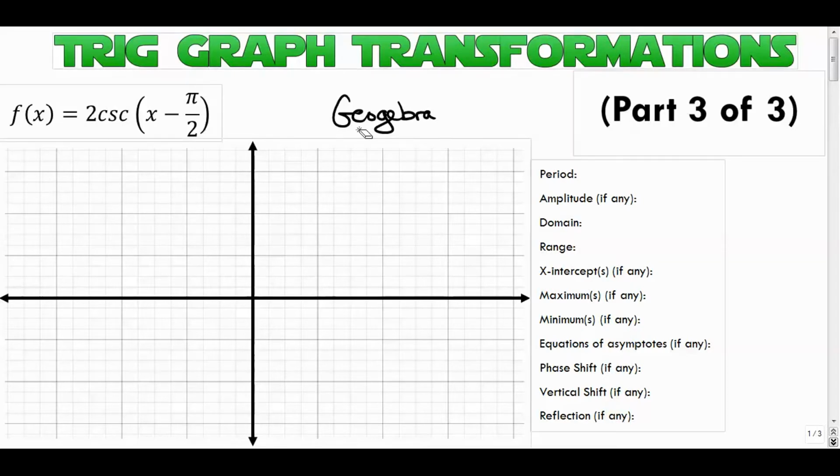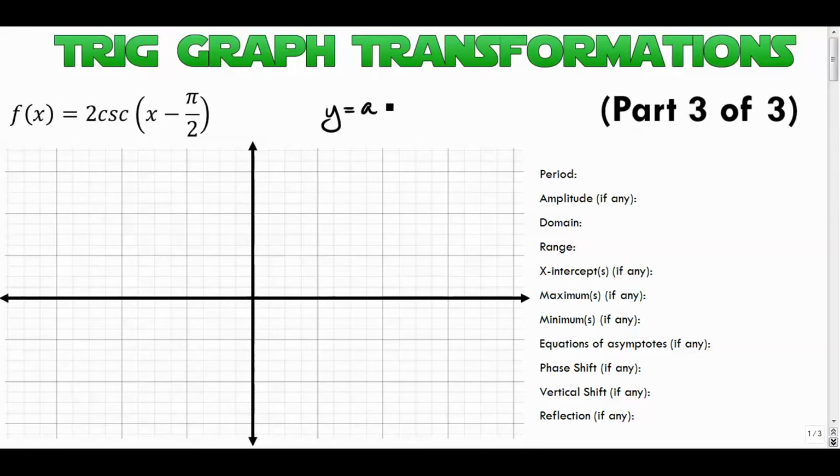But what you missed in part 1 particularly is when we take a trig function and we add all this other stuff to it, right? I'm not going to go into too much detail right now, but this a value changes the amplitude, or the height of the graph.